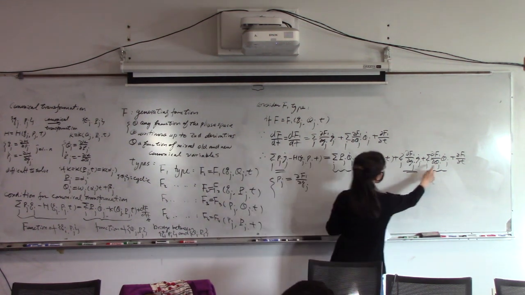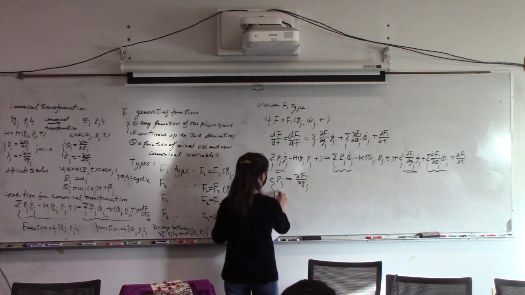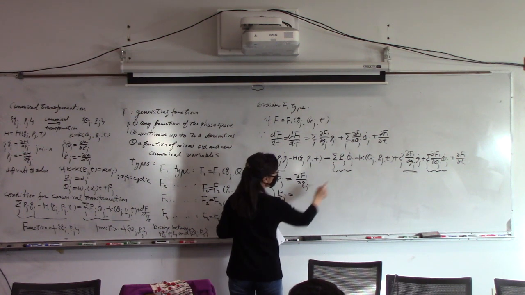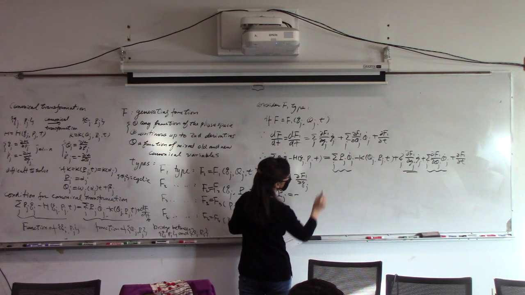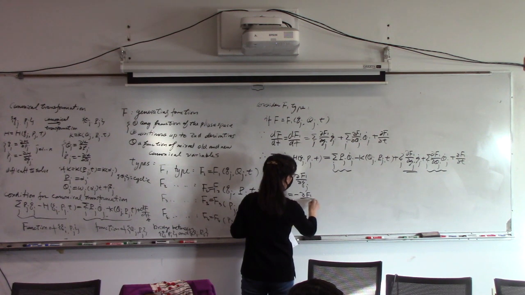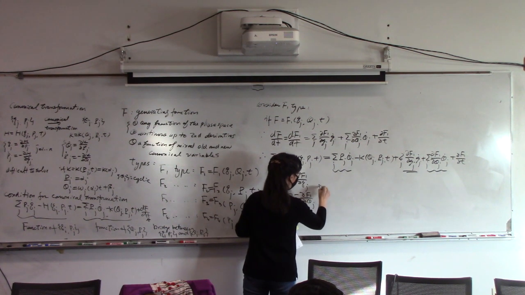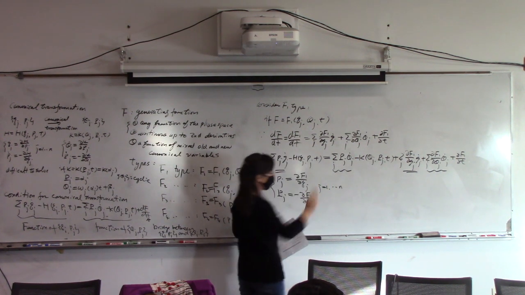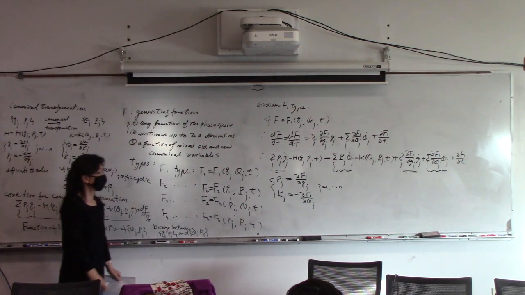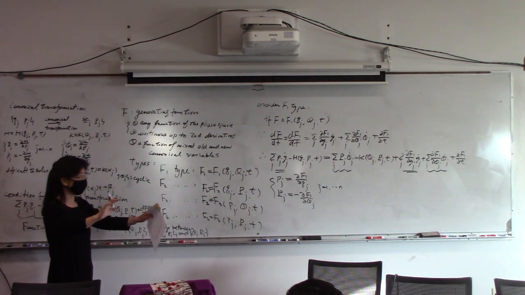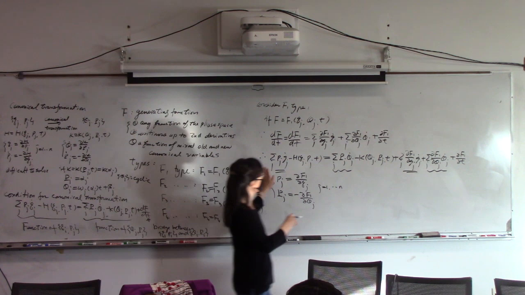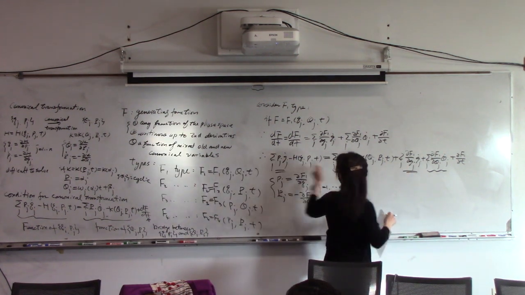Second, for this term and this one, capital Pj equals negative partial F1 partial capital Qj, for j from 1 to n. We need to satisfy this equation on both sides, so the coefficients must be equal.